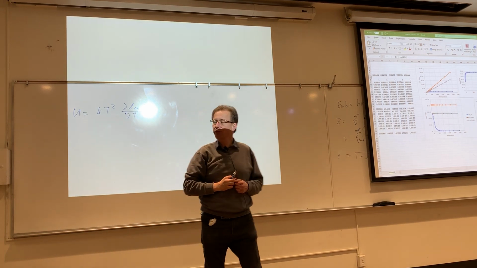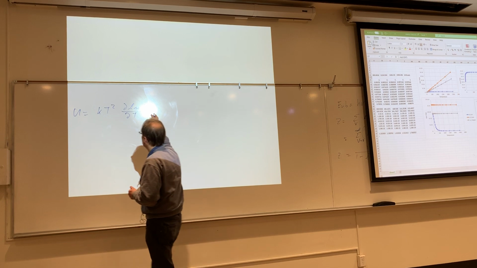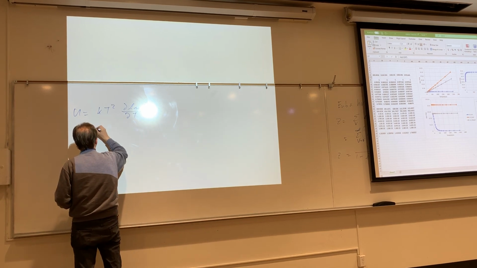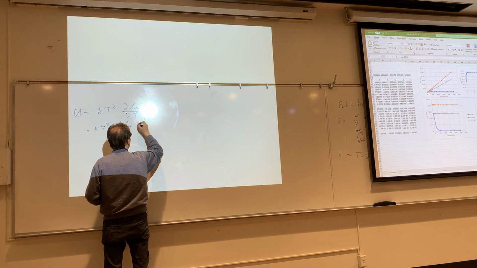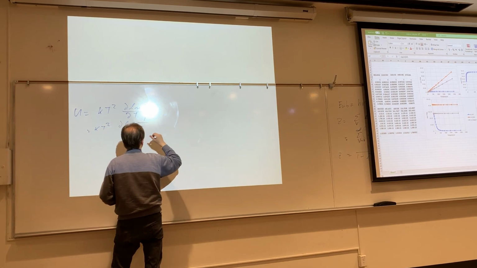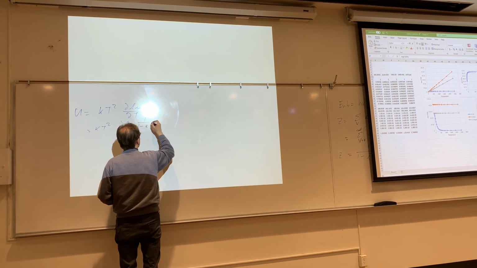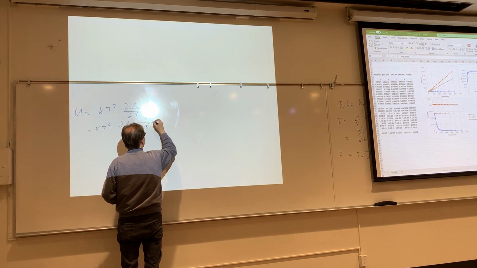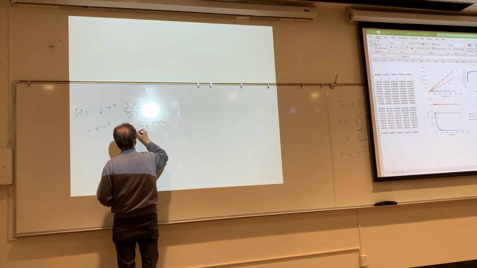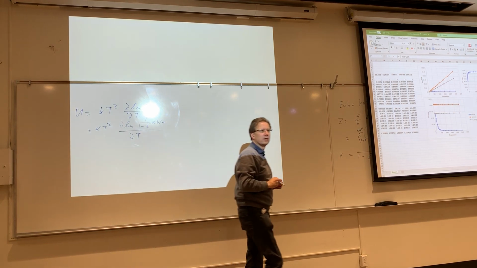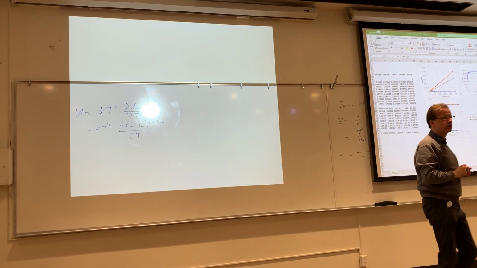Now, if I have this as a problem, I know now that the z for the vibration is 1 over 1 minus e to the power of minus theta over T, so U is kT squared d ln of that by dT. That is the result which we have.